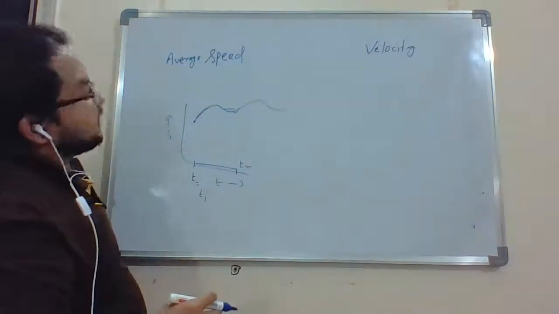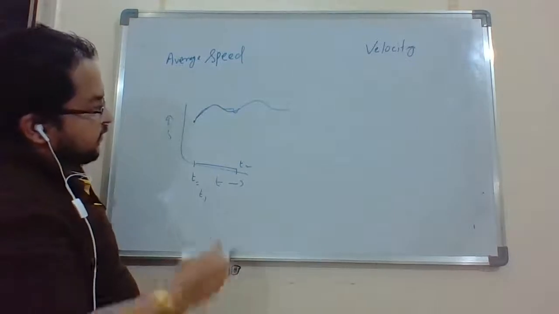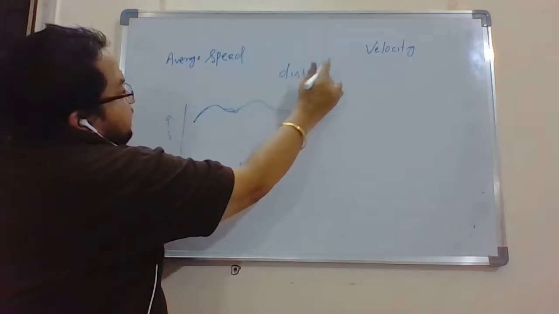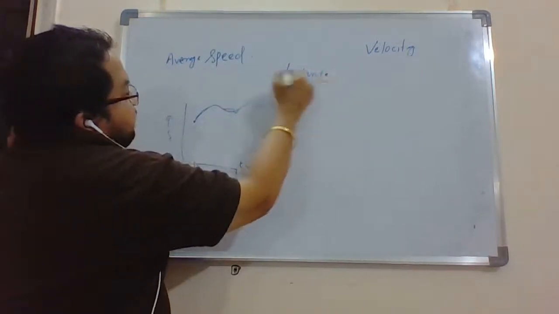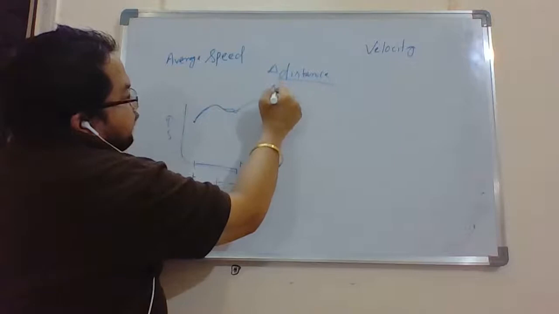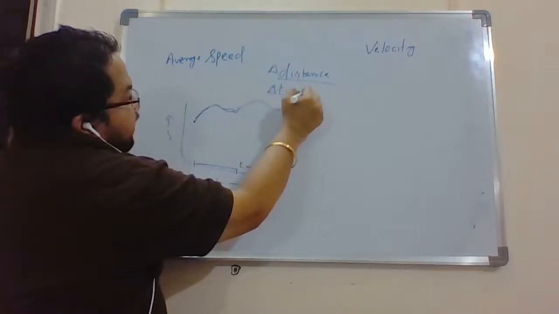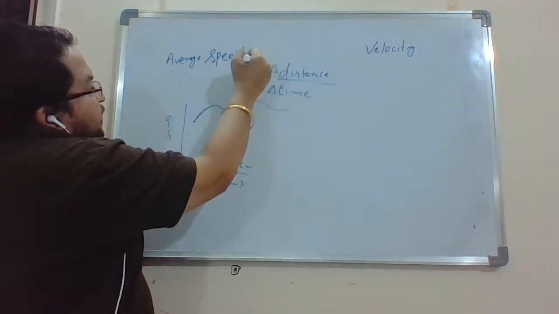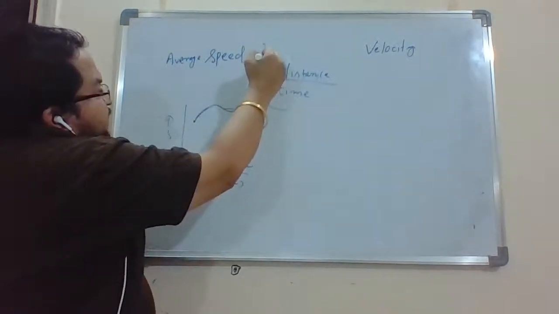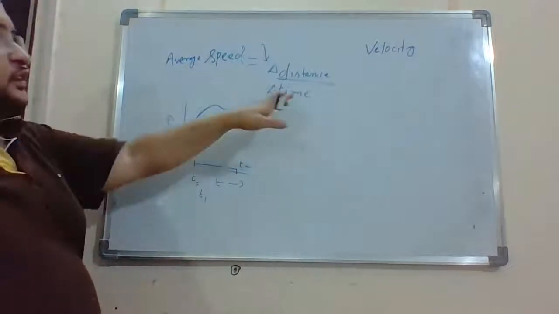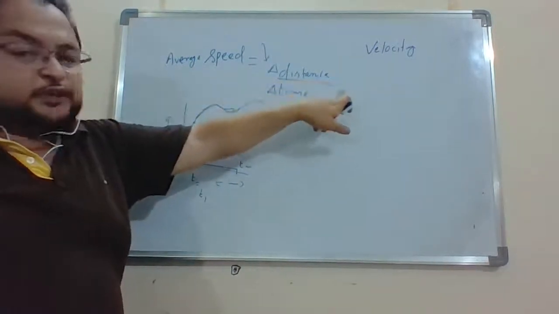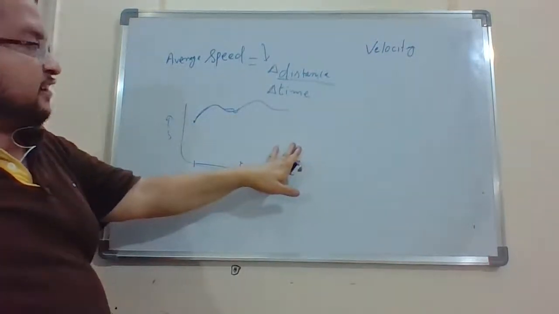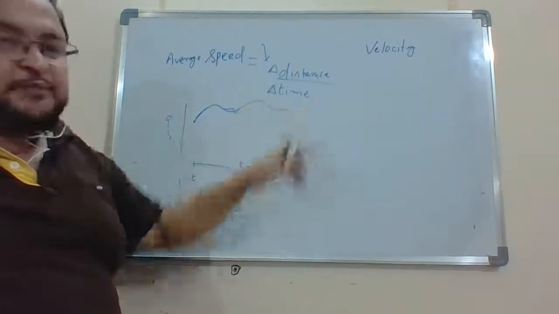the distance this guy has covered, if I do the change in distance by change in time, this is called nothing but your average speed. So average speed is nothing but your delta in the distance: how much distance the body has covered versus how much time it elapsed.